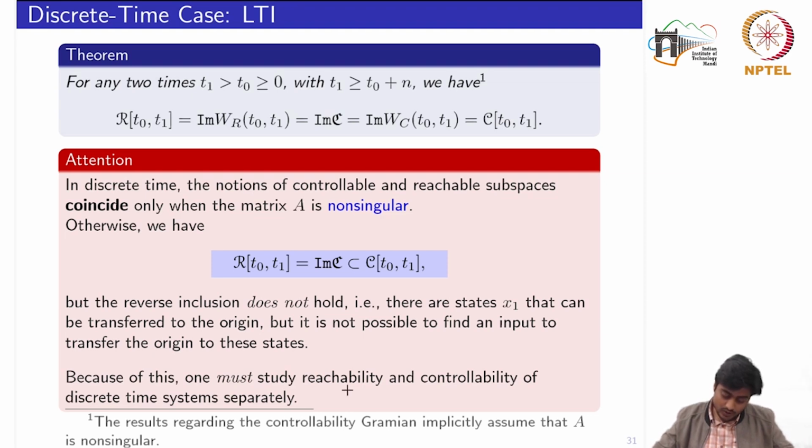Because of this, one must study reachability and controllability of discrete time systems separately. For the continuous time system, we could study either of them and prove our results. For the discrete time, whether the matrix A is non-singular or singular, we need to study both these concepts, reachability and controllability, separately.